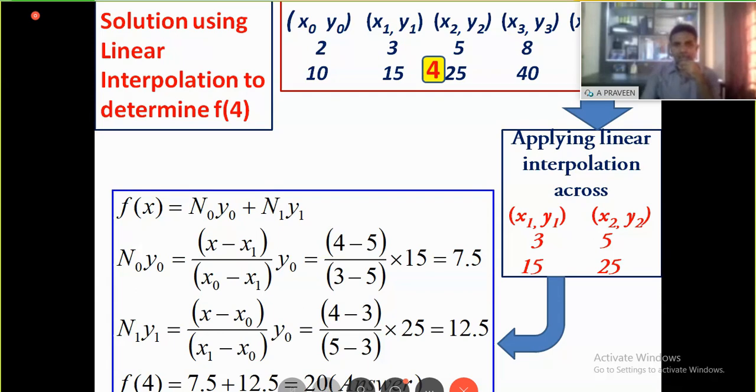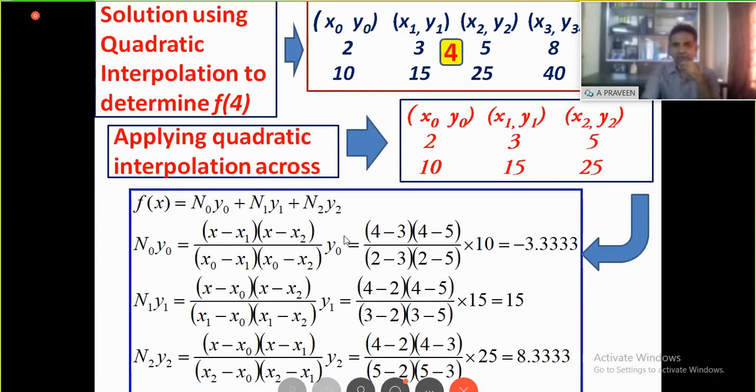Now let's use quadratic interpolation. What we try to do is take only 3 sets of data, because for quadratic we need 3 points. So I'm taking 2, 3, and 5, with values 10, 15, and 25.